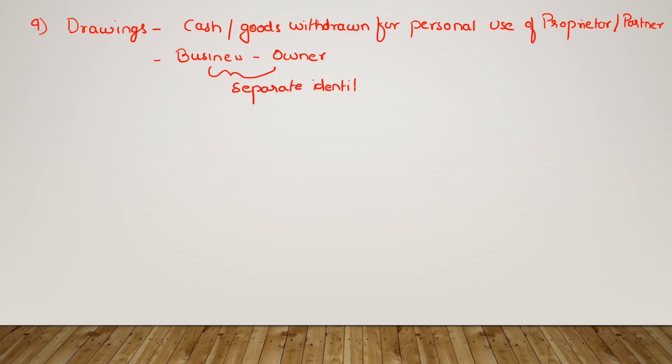They are two different. Business is different from the owner. We are going to separate them. And we say that anything for the personal purposes of the owner would be treated as drawings. So all these items, whether it's cash or goods, would be debited to the drawings account separately. And then it would be subtracted from the capital.